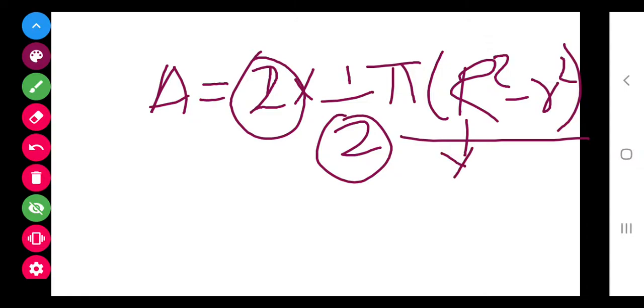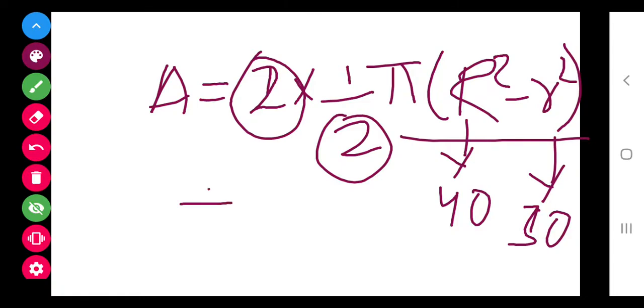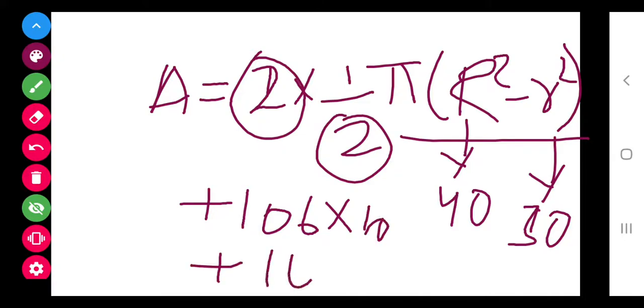This R is 40, this r is 30. In this way we will get the area of two semi rings plus the area of two rectangles, 106 multiplied by 10 plus 106 multiplied by 10.